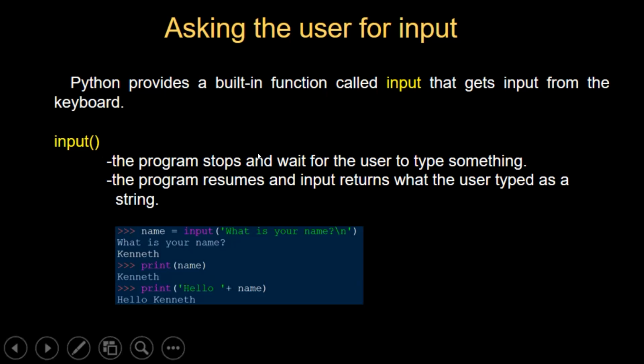The program stops and waits for the user to type something, like what we did earlier when I ran the program and it asked for a file name. For example, we have a variable name equals input, then the prompt: What is your name? Let's try it in the program.